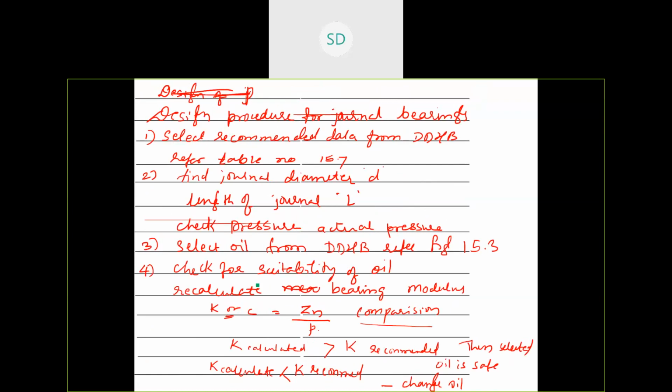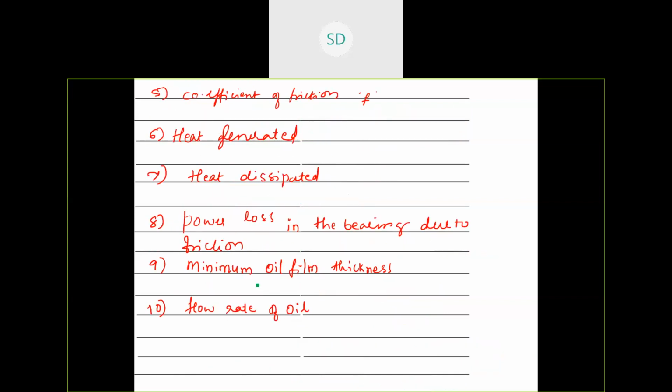K calculated should be greater than K recommended, then the selected oil is safe. If K calculated is less than K recommended, you need to change the oil. Based on this criteria, the selected oil is safe. Now four steps are over. The fifth step is to find out the coefficient of friction, that is F.